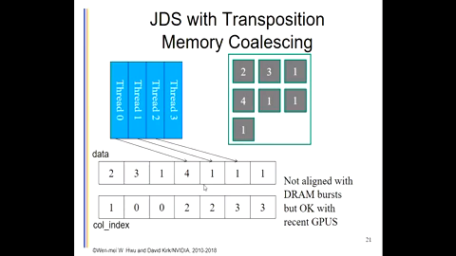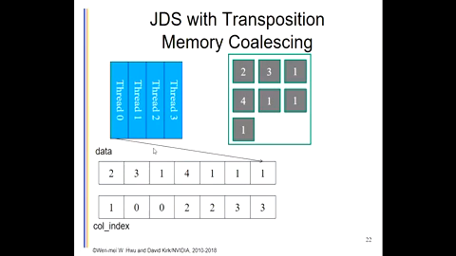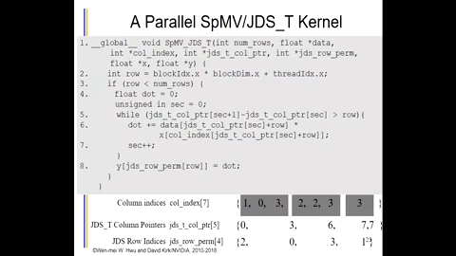They're accessing consecutive locations. And finally, only thread 0 will do the third iteration because that's the only thread that has 3 elements. The other threads all only have 2 or less. So as soon as each thread finishes all the elements in that transposed column, it will stop, right? It will exit that while loop.